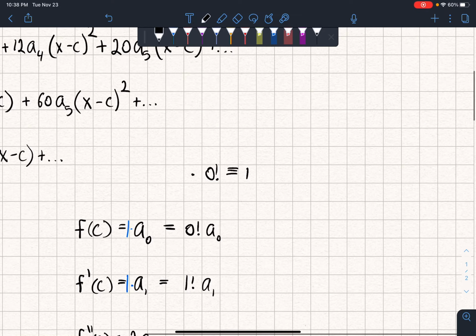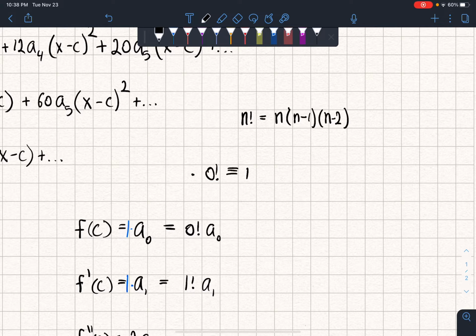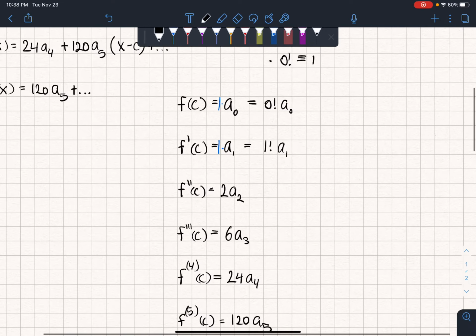By the way, the generic form, n factorial, is just equal to n times n minus 1 times n minus 2, all the way down to 3 times 2 times 1. It's basically just multiplying every integer starting from the integer you have down to 1.